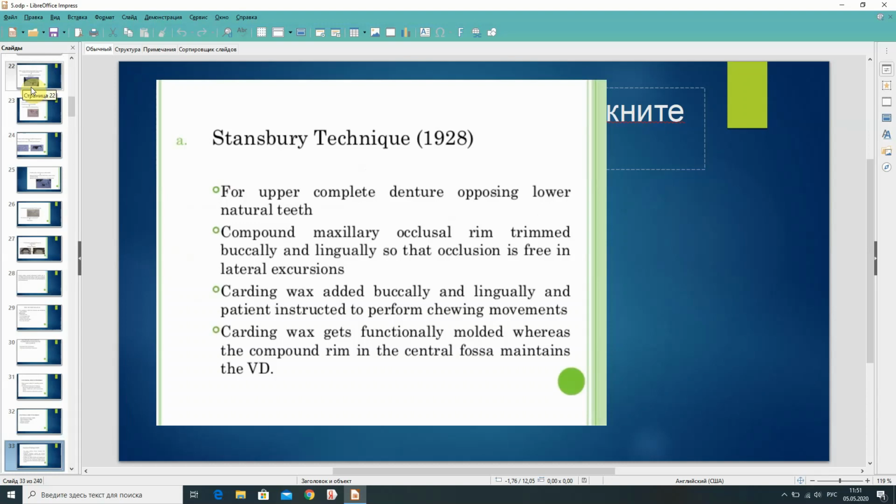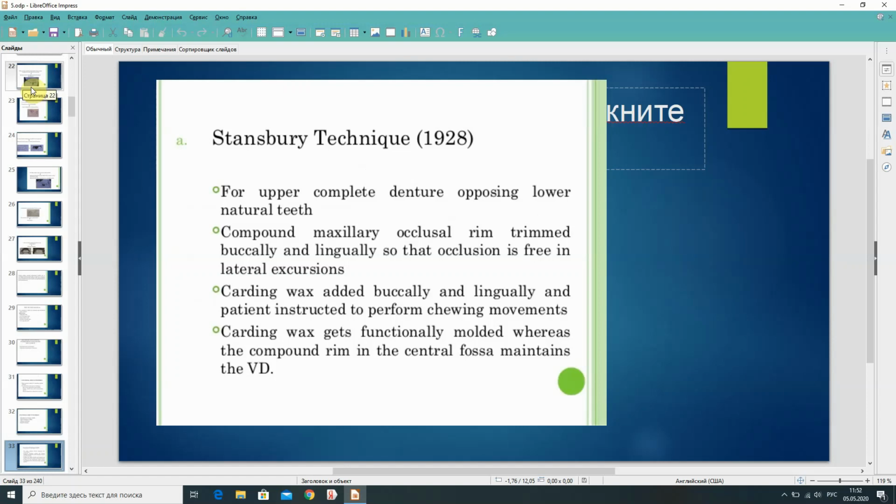Stansbury technique for an upper complete denture opposing lower natural teeth: the compound maxillary occlusal rim is trimmed buccally and lingually so that occlusion is free in lateral excursions. Carding wax is added buccally and lingually and the patient is instructed to perform chewing movements.